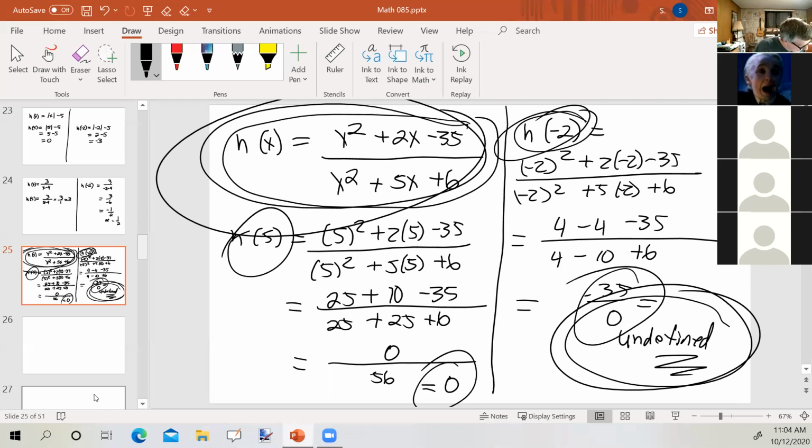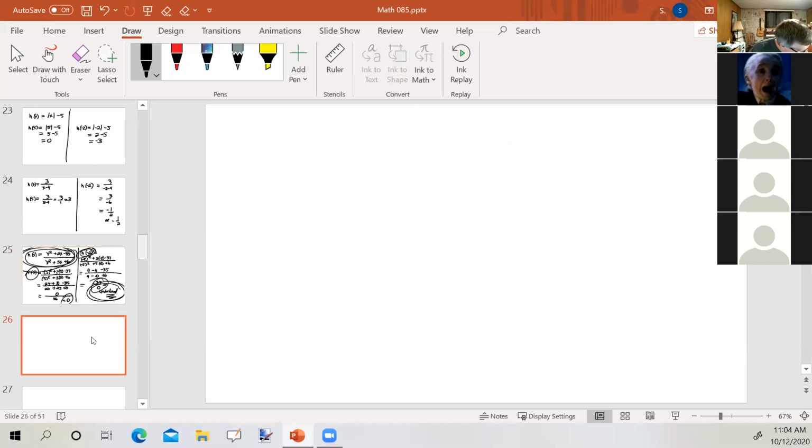Okay. Let's take a look at some more functions. Now things are going to get a little trickier. Let's say I have g of x equals 3x minus 5. Okay. What would g of 1 equal?